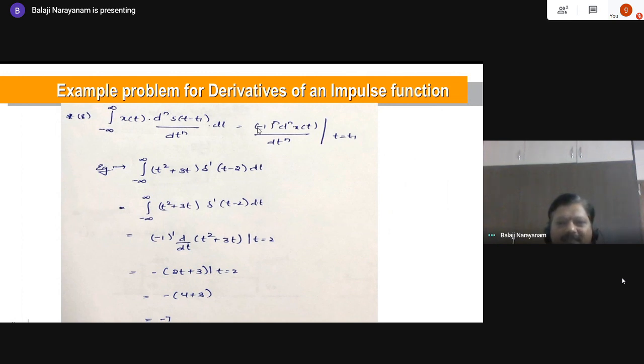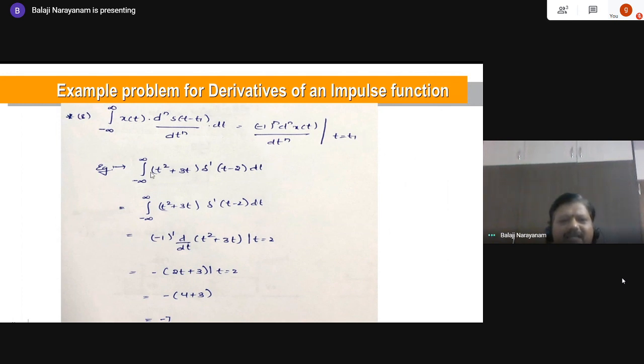So as just now we proved, the nth derivative of this impulse function is going to provide us minus 1 whole power n, the nth derivative of x of t at time t is equal to t1. And now let us take an example problem based on this particular nth derivative concept.